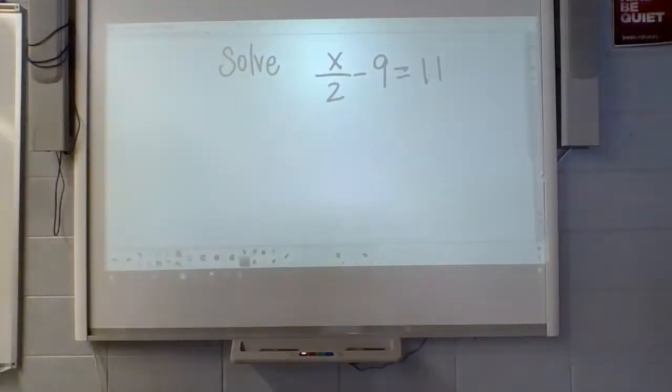Not quite. Yes, you're good. On this one, don't erase everything though. This is being divided by 2. What's the opposite of divide by 2? We're close.